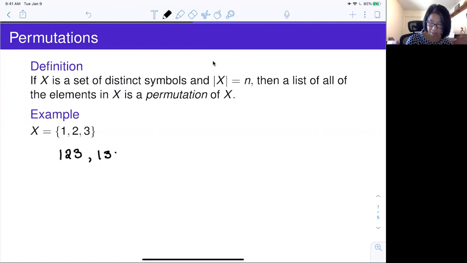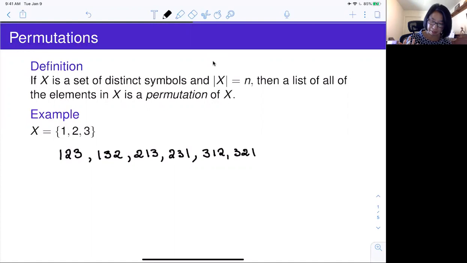So 1, 2, 3 and 1, 3, 2 are the two permutations of X that start with 1. There are also two that start with 2. So 2, 1, 3 and 2, 3, 1. And there are two that start with 3. So 3, 1, 2 and 3, 2, 1.